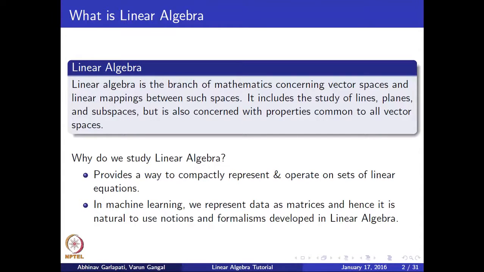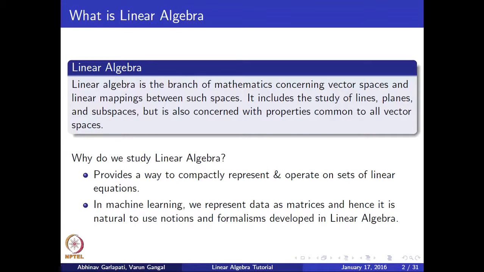So why do we study linear algebra, especially in the context of machine learning? Firstly, it gives us a way to manipulate, represent, and operate on sets of linear equations. But why do these linear equations come up in machine learning in the first place?